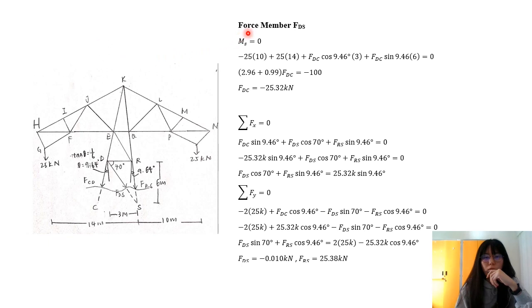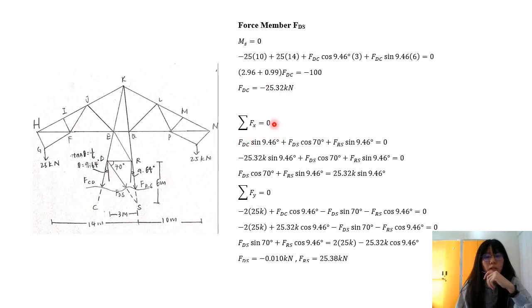Last, we find the force member DS. First step, we draw a free body diagram of the section. We can see this is a similar situation to the previous one when we found force member FH. So we need to find FDC first by using moment at point S. We get FDC equals negative 25.32 kN.